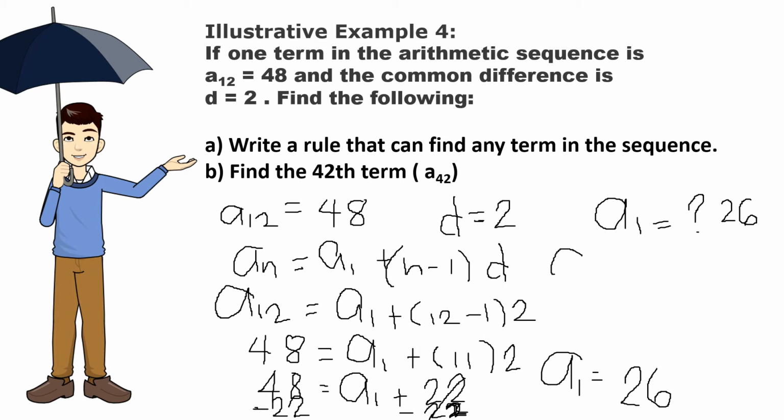So, gagamit tayo ng an equals the value of a sub 1, 26, plus n minus 1 times the difference na 2. So, this serves as our rule to determine the succeeding terms of our arithmetic sequence, given A12, 48, and the difference of 2.